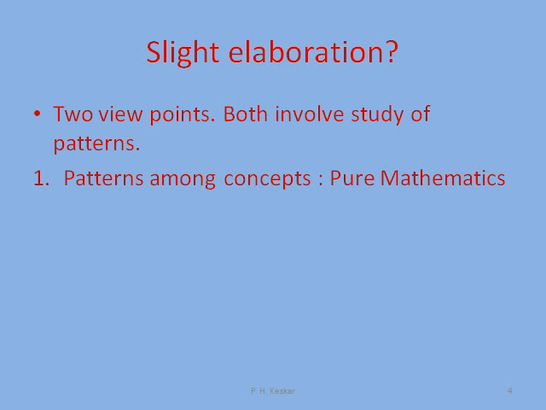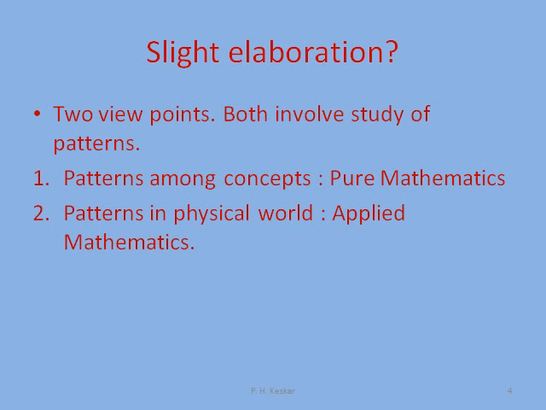There are two types of patterns one can deal with. Patterns among concepts, how various concepts are linked with each other, is more or less the viewpoint taken by pure mathematicians. On the other hand, applied mathematicians have as their goal studying patterns in the physical world.